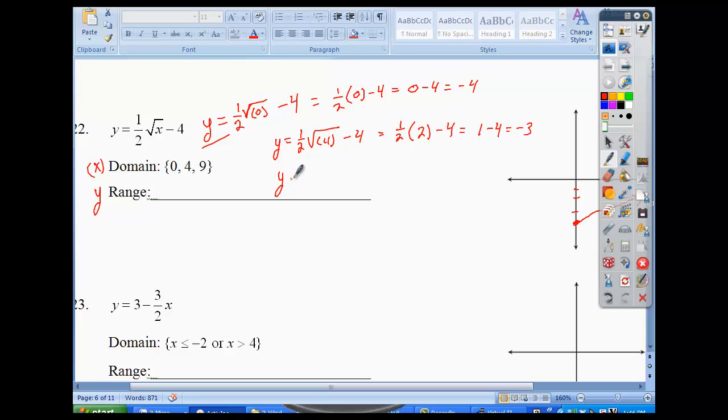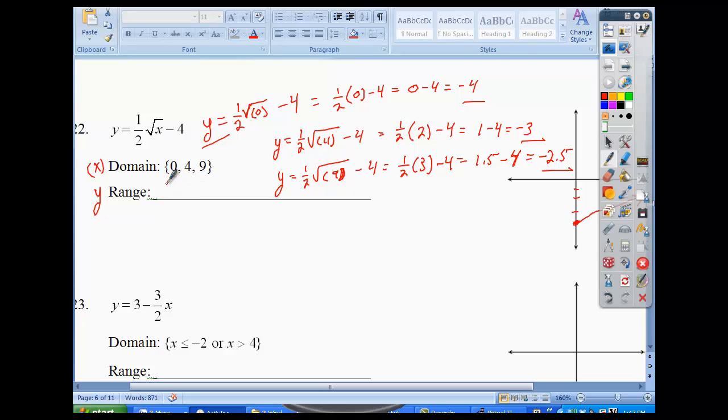And one last time, I get 1/2 square root of 9 minus 4, which equals half of 3, because the square root of 9 is 3, minus 4. Half of 3 is 1.5 minus 4, and that would give me -2.5.